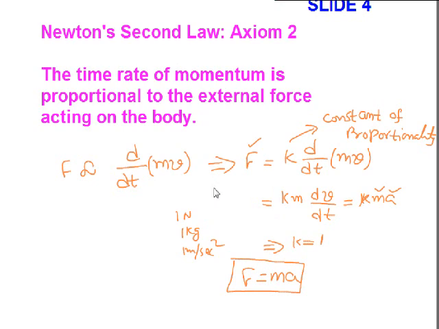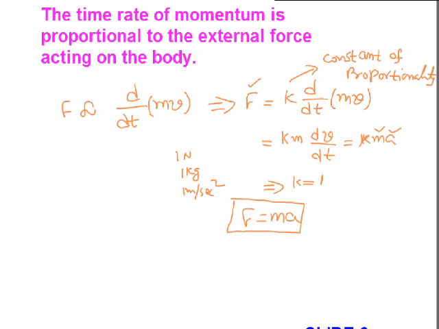But we have to be very careful. Newton never said F is equal to ma. He said the rate of momentum is proportional to the external force acting on the body.